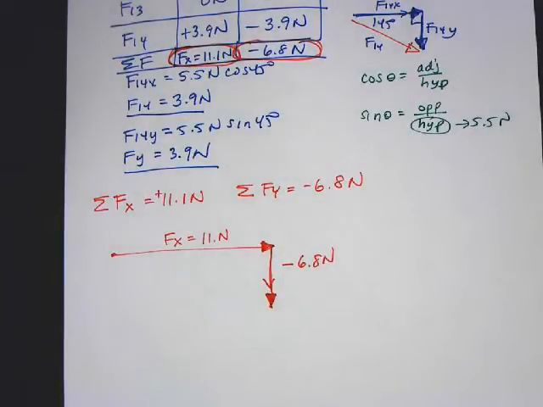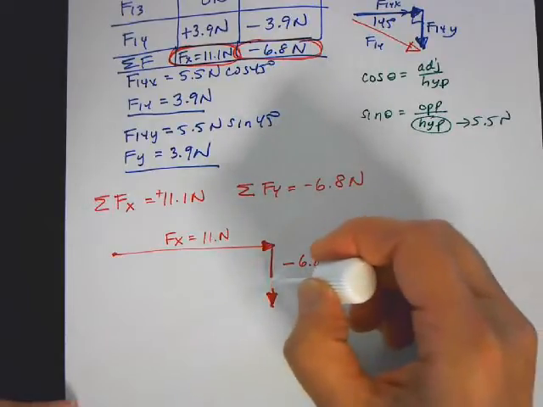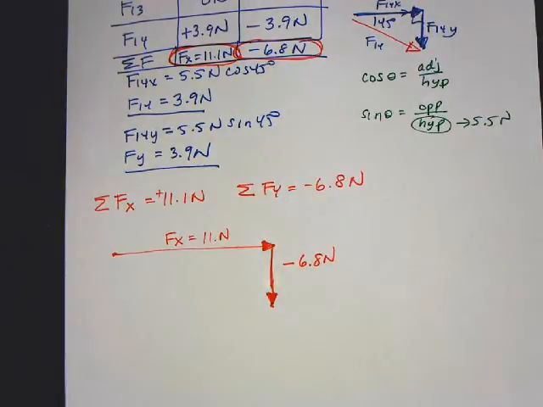So when you add vectors head to tail, the resultant vector has to have both magnitude and direction. So to find the magnitude from where I start to where I end up, I'm going to draw a line. Remember, the tail is always where I start. The head is always where I end up. So now I have to find the magnitude of this.